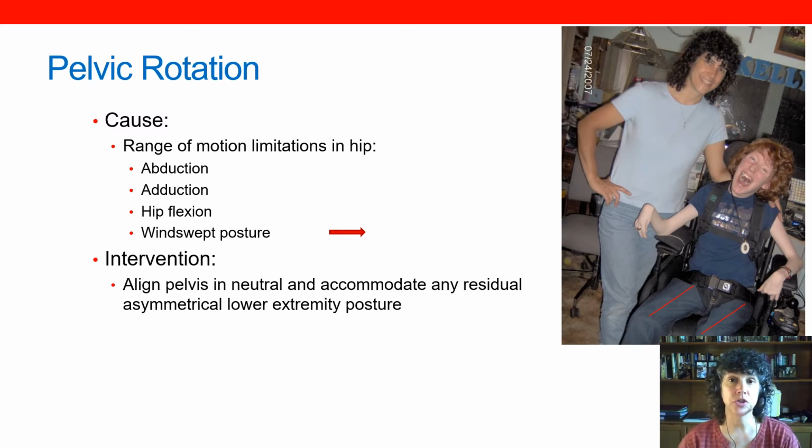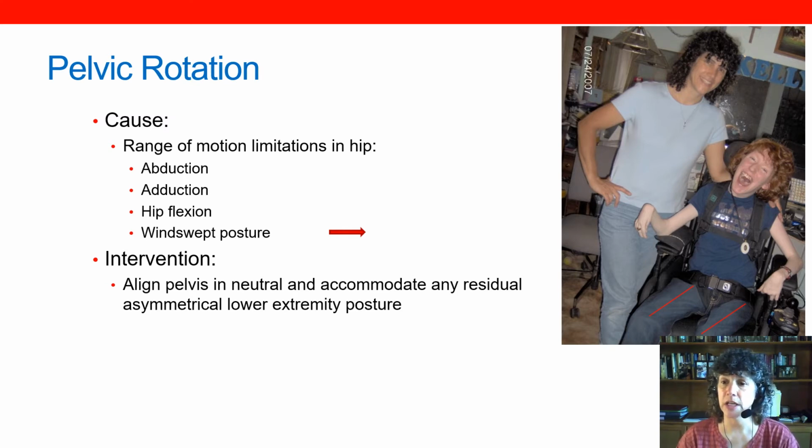If we're able to correct the legs in alignment with the pelvis, once the pelvis is in a neutral rotation, great. If we can't, if we have to allow those legs to go to the side a little bit in order to maintain a neutral pelvic rotation, then that's what we're going to do.